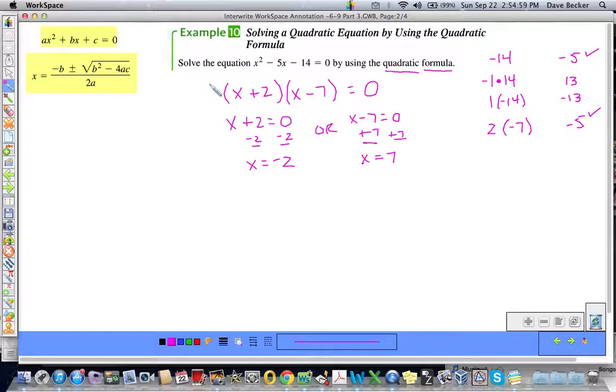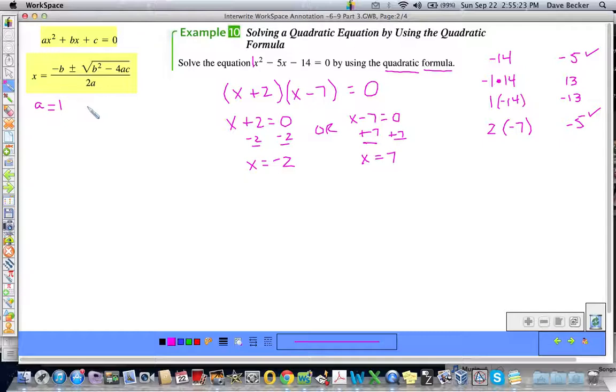Now the first thing you need to do is find out what a, b, and c are. Well, a and b are the coefficients of the x squared term and the x term respectively, and then c is the constant. So for this problem, the a term is the coefficient of x squared, which is a 1. Okay, it's not written because we don't write it, it's just understood that it's a 1.